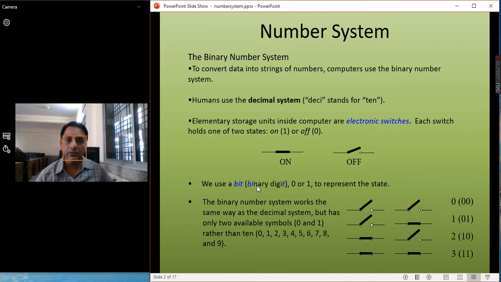That is known as bit, that is called binary digit. Bit is the short form of binary digit, that is zeros and ones. You can see here in this figure the switching operation, and each operation stores some values, but these values are in terms of binary digit.